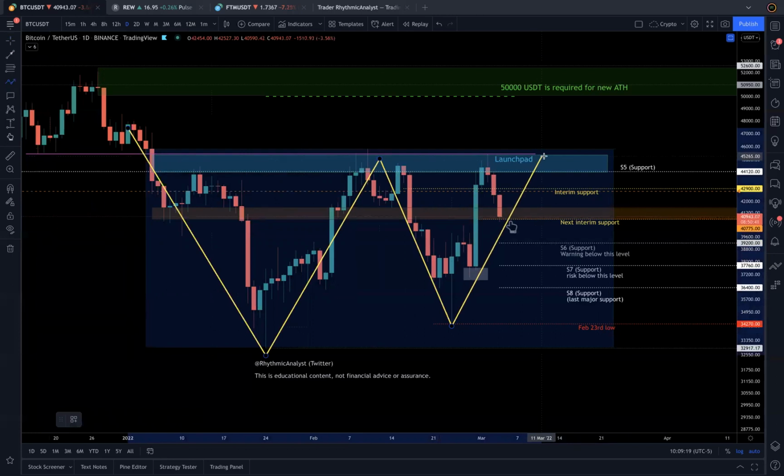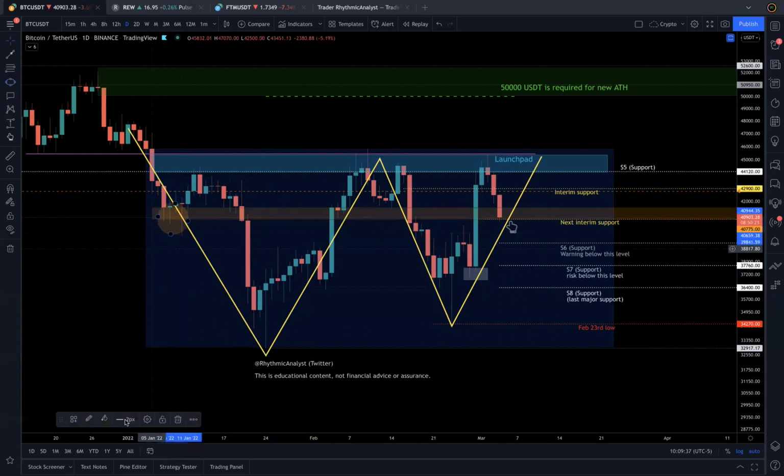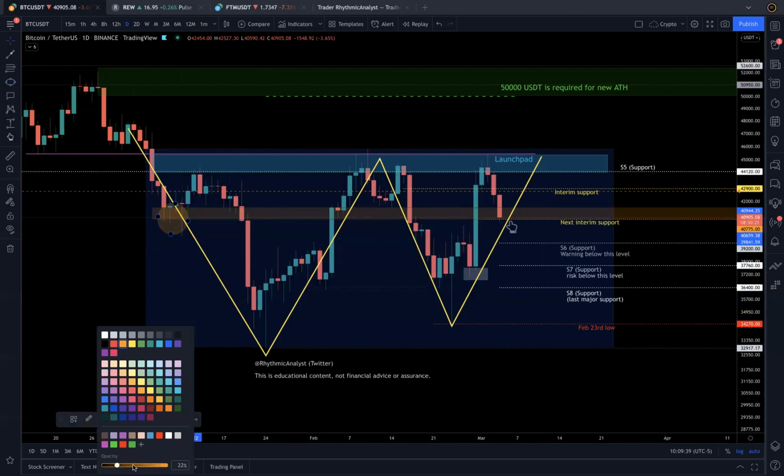Okay, in this one, what we are seeing here, actually you can relate this point with this one. Okay, as far as symmetry is concerned, maybe I'll make it darker.